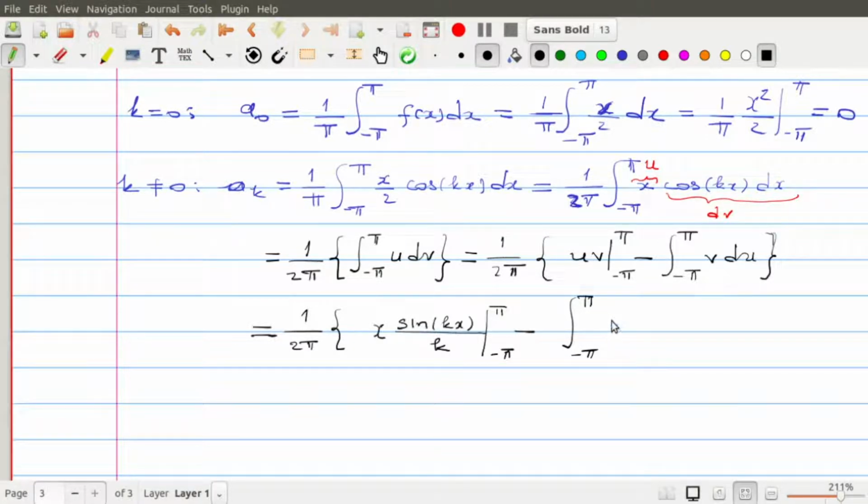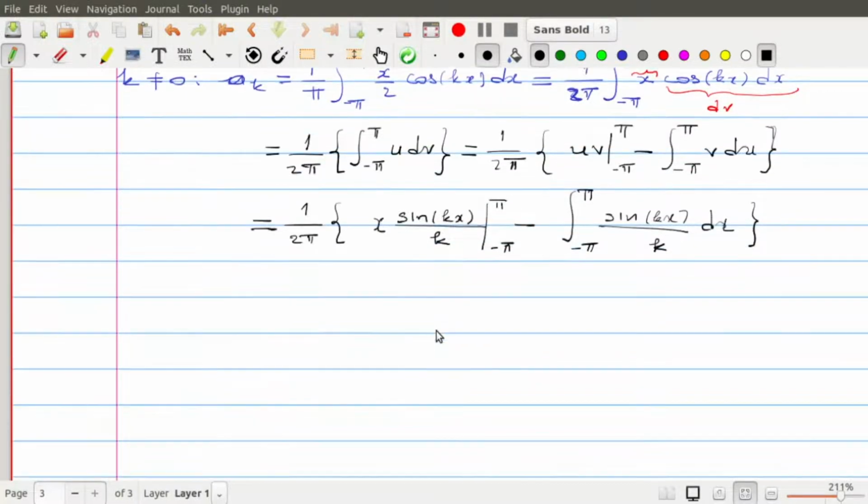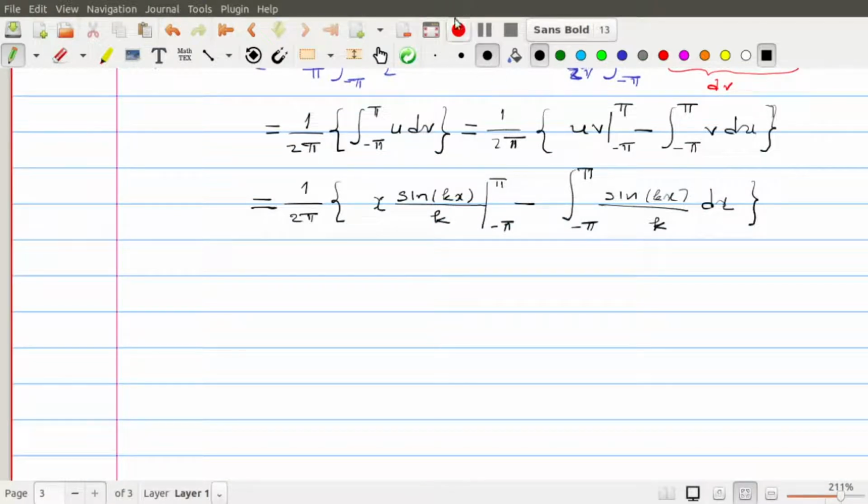So this will be sine kx by k dx. Then I close the curly bracket. Now in order for me to compute that integral, I need to use the trigonometric circle to see exactly what is going on here.